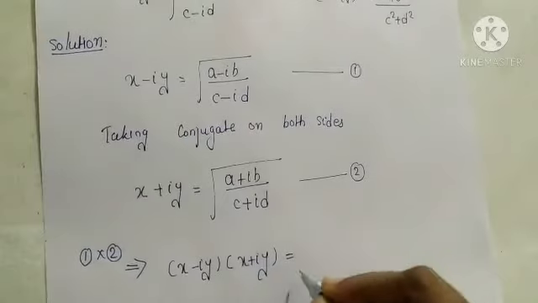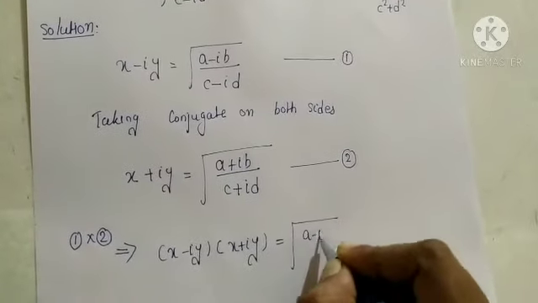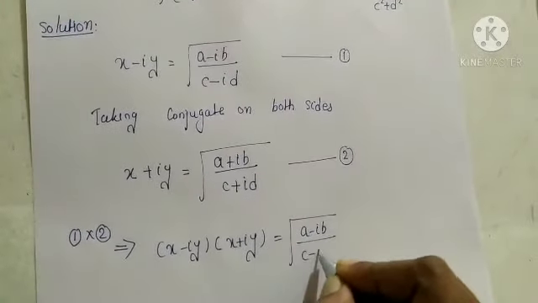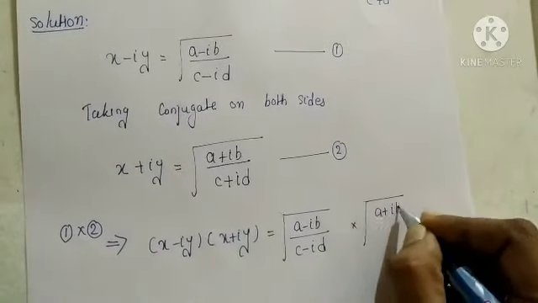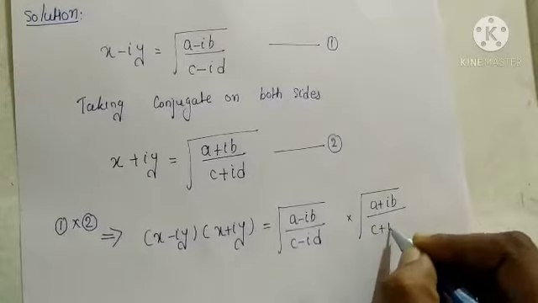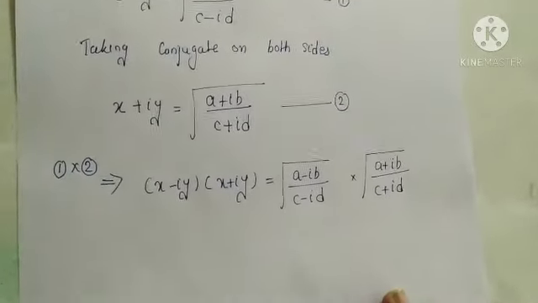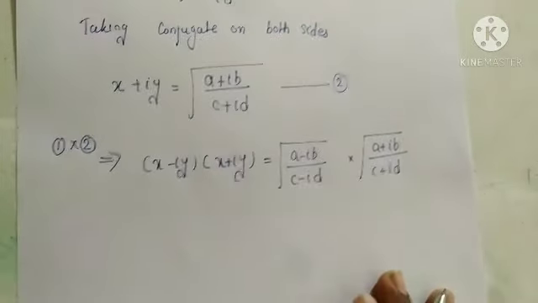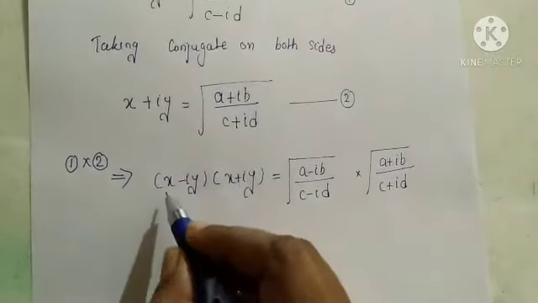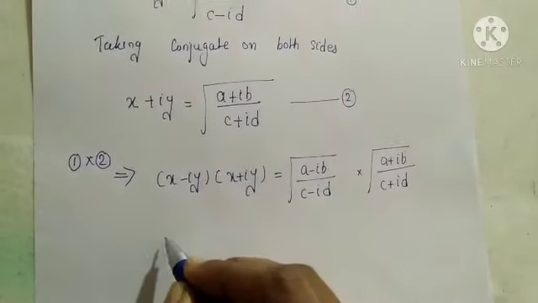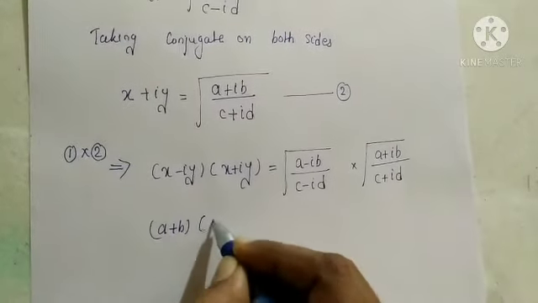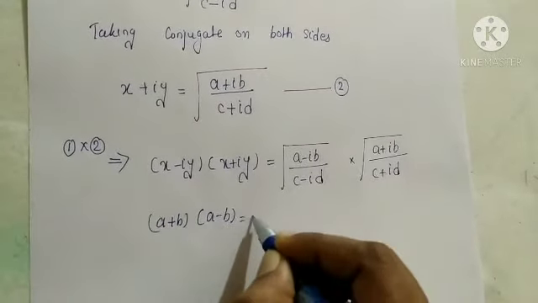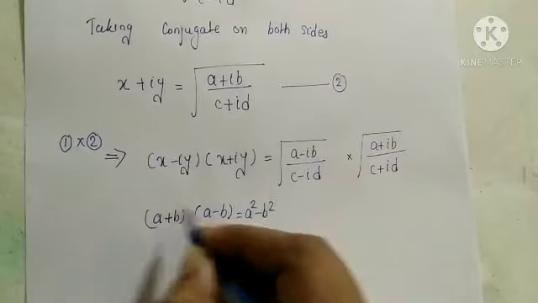So this will equal to root of a minus ib divided by c minus id into root of a plus ib divided by c plus id. Okay. So multiplying these terms, we know that this is in the form of a plus b into a minus b is equal to a square minus b square, right?